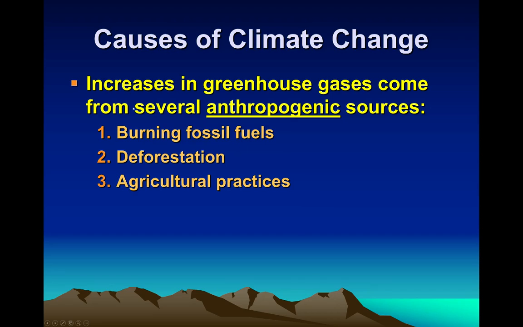As we said, burning fossil fuels is the number one most important cause of greenhouse gas emissions, but another couple major important ones are going to be deforestation and agricultural practices. And especially with deforestation, I want you to pay attention and realize that it goes beyond just what you heard in elementary school, that trees emit oxygen, and so decreasing that decreases the rate at which CO2 is turned into oxygen or something like that.